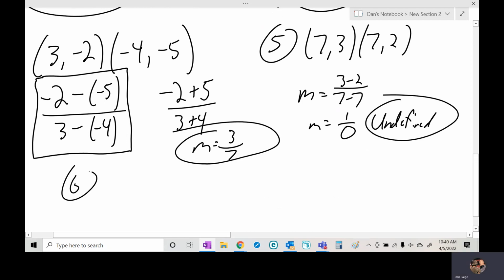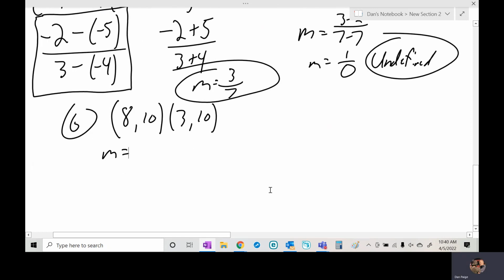Now we've got one last weird answer. Let's try this one out. Y minus y. What are the y's? 10 minus 10. Over the x's. So what are the x's?